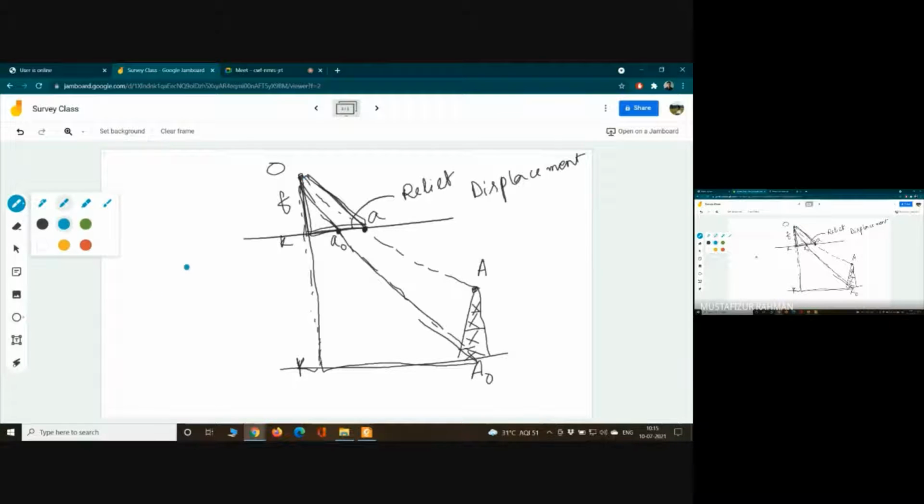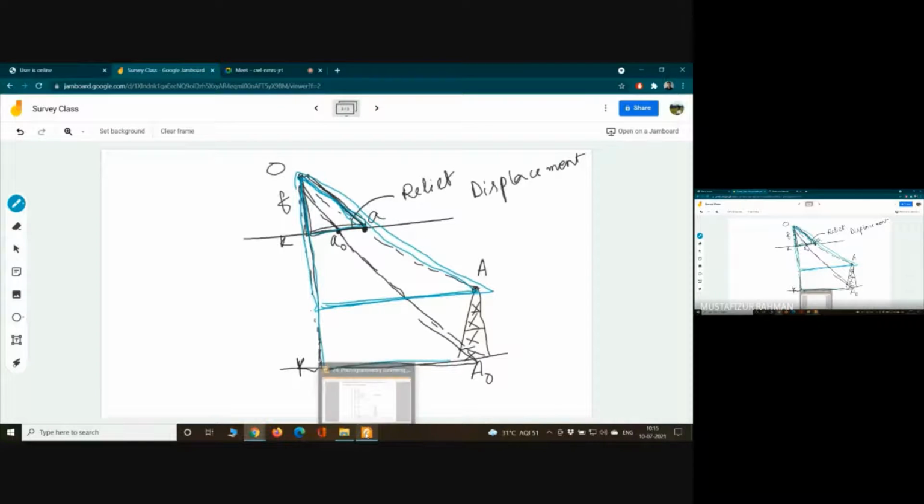One triangle can be here, and corresponding similar triangle will be this one, right? So like this, we can use the concept of similar triangle and we can find out what is going to be the relief displacement.